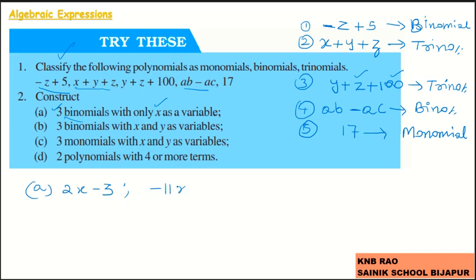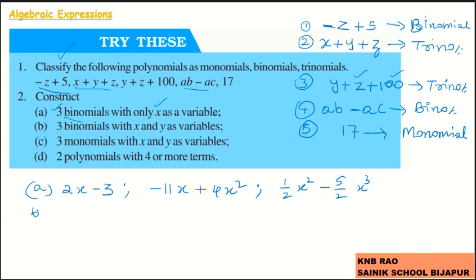Minus 11x plus 4x square is again a binomial. Next, 1 by 2 x square minus 5 by 2 x cube is a binomial, the only variable being x. So these are all binomials.